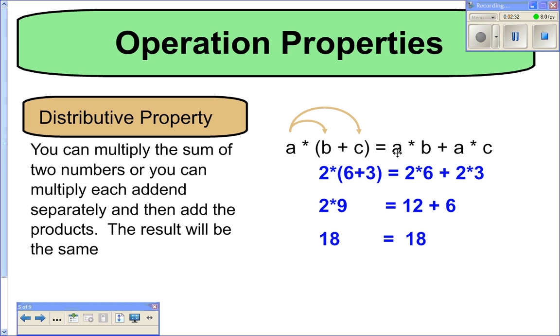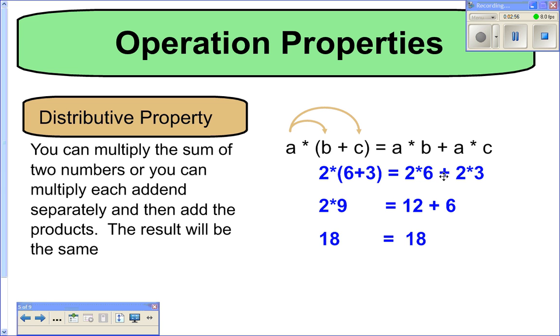Well, A times B plus A times C would seemingly indicate that you would multiply the 2 by the 6, and then add it to 2 times 3. That's what we're saying here. 2 times the 6, then you're going to add 2 times the 3.